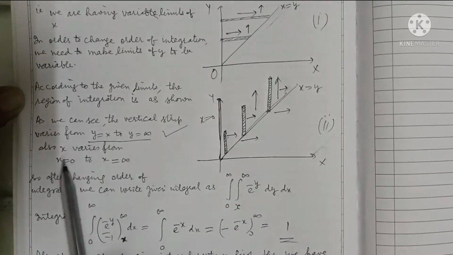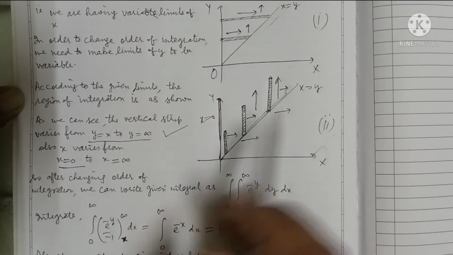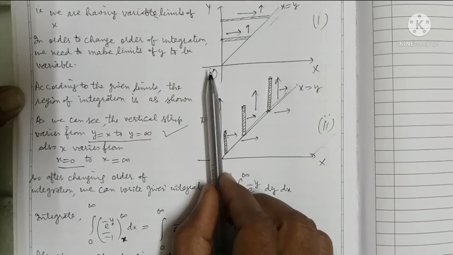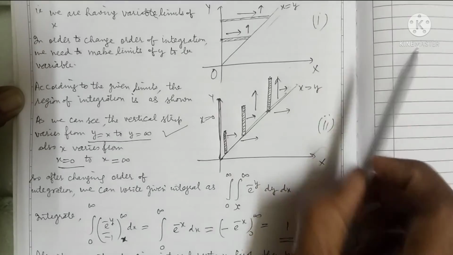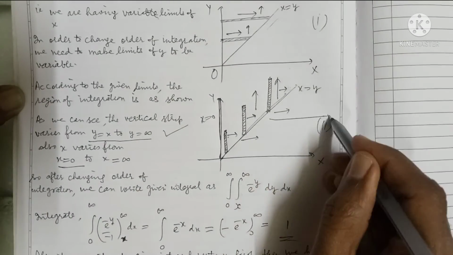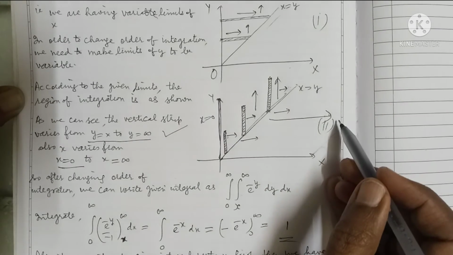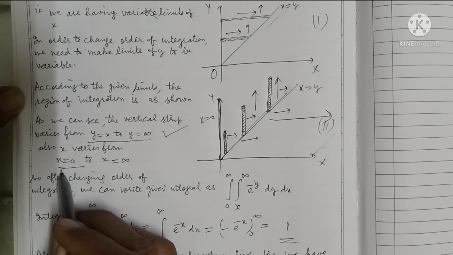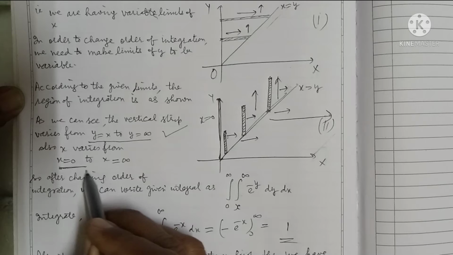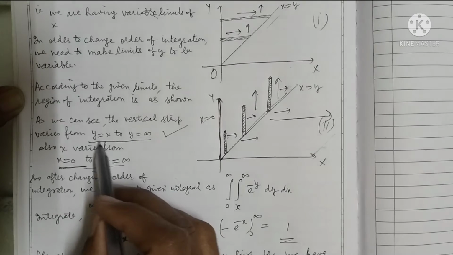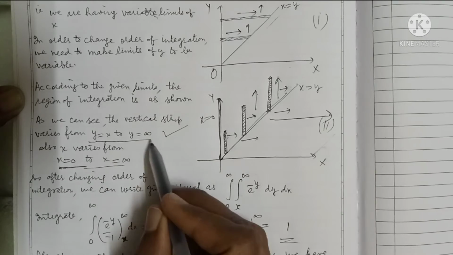So the lower limit of x will be 0, and to the right side of the y-axis the strip keeps on moving. As you move to the right of the y-axis, the limit of x becomes infinity. So we have constant limits for x, from 0 to infinity, and limits of y are from x to infinity.